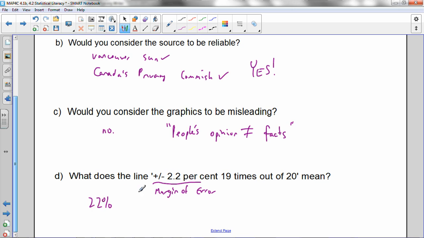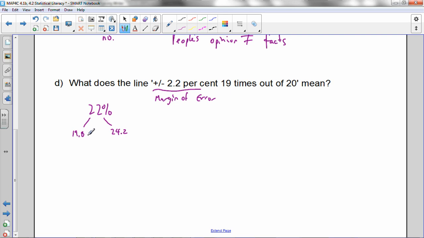Well, how much higher could it be? Well, 2.2% lower or 2.2% higher. It means that they're pretty sure the actual number of people who answered seriously would be in this range. Well, are they sure that it's in the range?